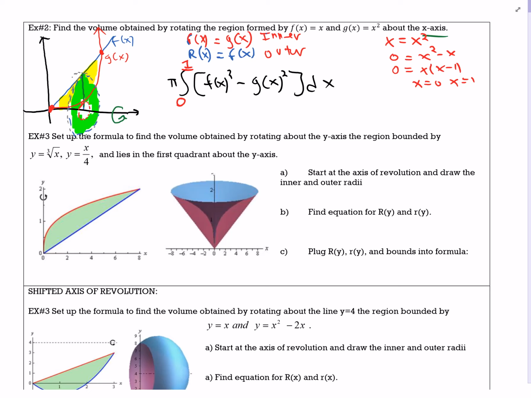Something I shouldn't forget is this whole thing needs to be multiplied by pi, right? Because we're finding areas of little circles. So this thing should be multiplied by pi. And if we do that, we're going to get the volume is 0.4188 units cubed. It's not a very big space. It's just a little tiny thing being rotated around.